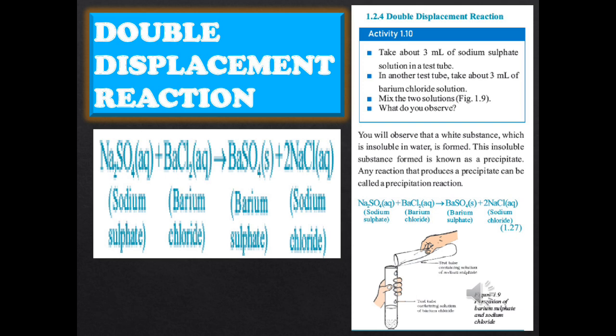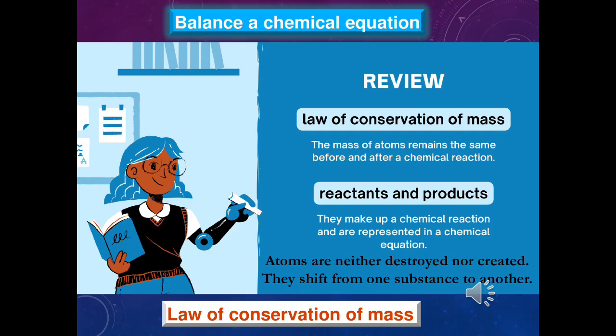Na2SO4 aqueous plus barium chloride aqueous gives rise to barium sulfate precipitate plus 2NaCl aqueous. This is the chemical equation. Balance a chemical equation. Review law of conservation of mass.